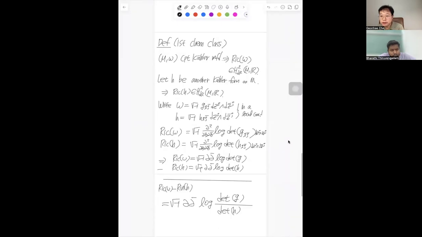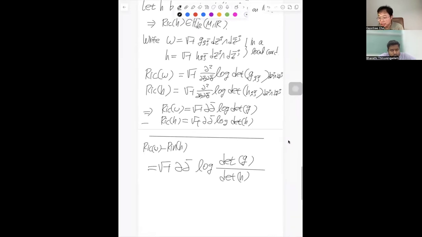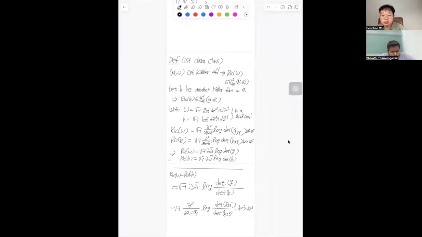Is that okay with you? So if you do not like this notation, then you can write it like this in a local coordinate. Is that okay with you up to here? So let me be clear.